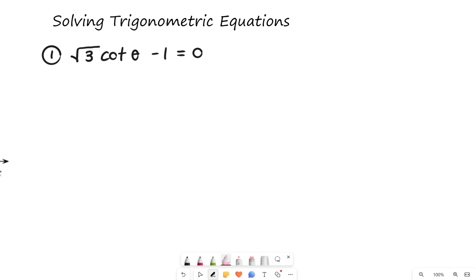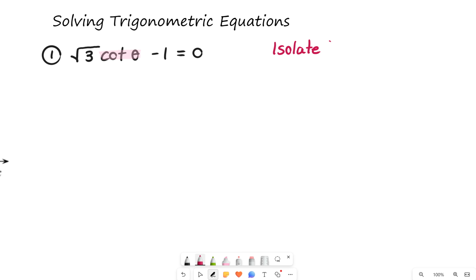When you have an equation given and there's only one term mentioned of a trig function, our goal is to solve this equation by isolating that mentioned trig function. So I am going to want to get cotangent theta in this problem all by itself.